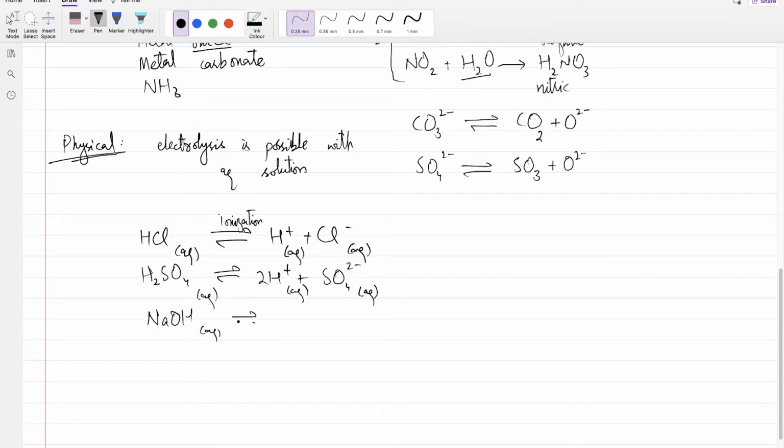Put it in water, it will break down to give us sodium ions and hydroxide ions, which are both aqueous. But try to do that with ammonia and the things aren't that robust. Try to do that with ethanoic acid, for example.